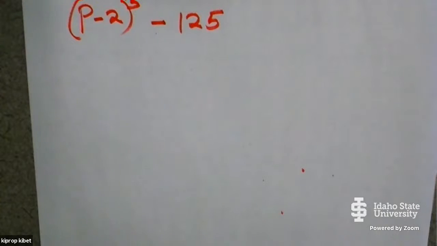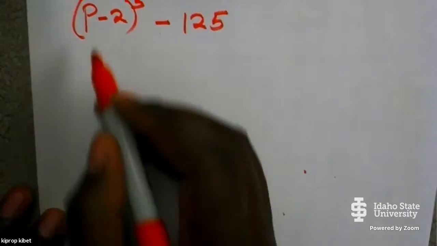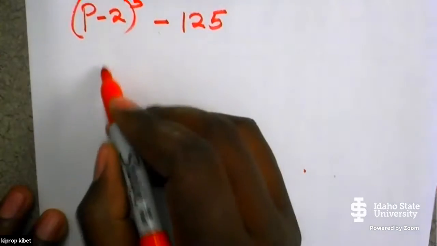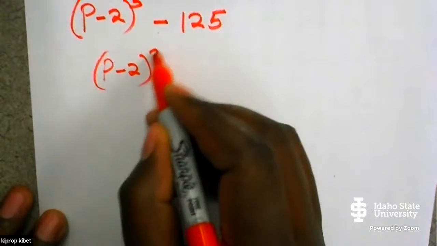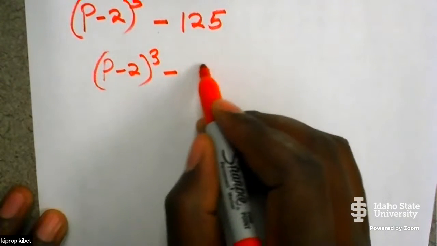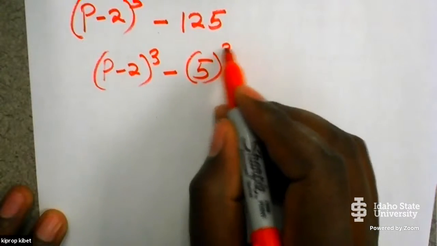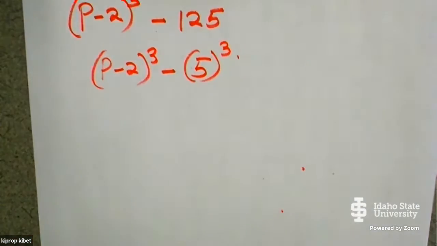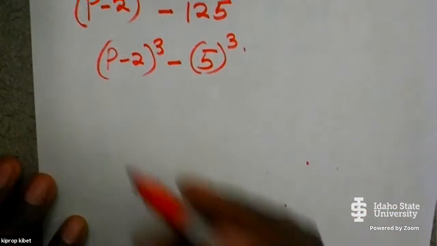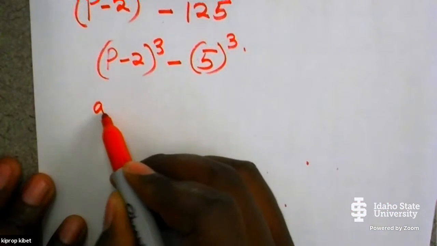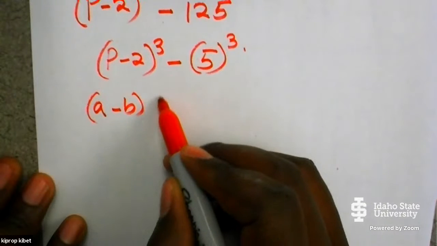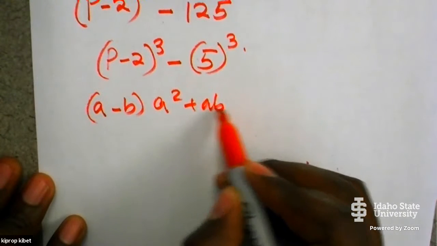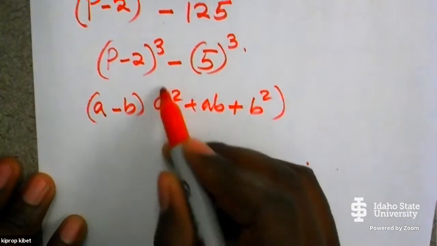How should we factor this? This is similar to number 1, number 2, right? We have already been given A, which is p minus 2 cubed. Now our B is what? 5 cubed. So it is similar to A minus B, A squared plus AB plus B squared.